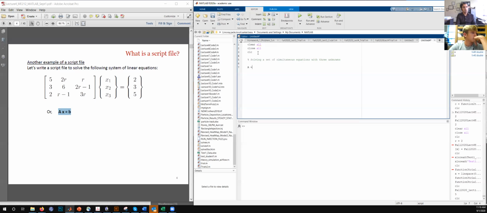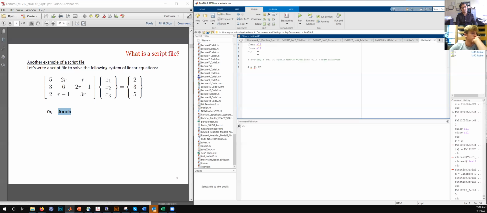So A is, now we are going to use the tools that we learned in the last two lectures, as in how to introduce matrices to MATLAB. So now we are going to assume that we are all experts in those operations. So we are going to introduce this particular matrix to MATLAB. The first row is 5, 2 multiplied by r.